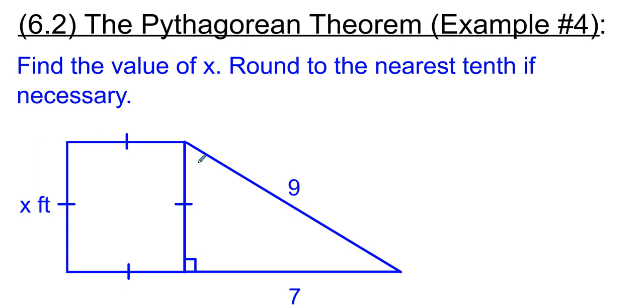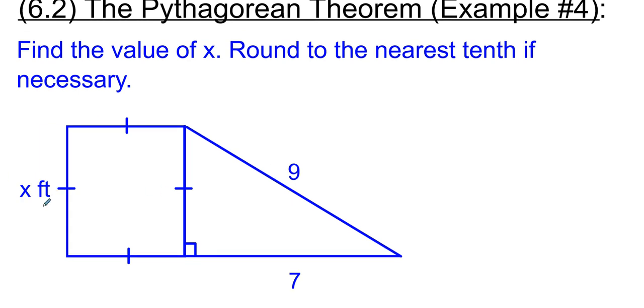All right, this one again very, very similar. We have this one as x feet, but this one, since they have tick marks there, all these tick marks imply that this is a square. So if this is x feet, then this one is also x feet. Well, now we've got a right triangle. On this one, when I go to use the Pythagorean theorem, a squared plus b squared equals c squared, I know the hypotenuse already.